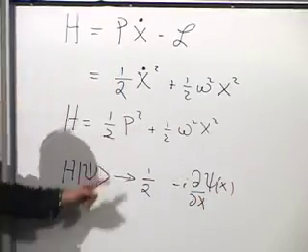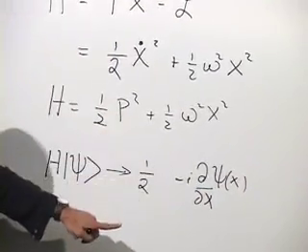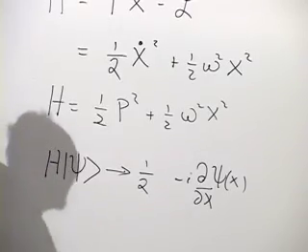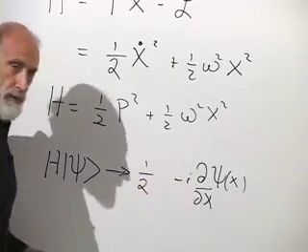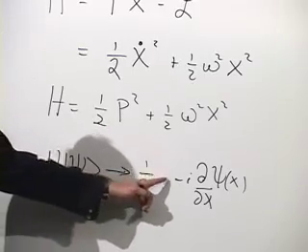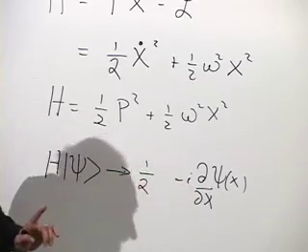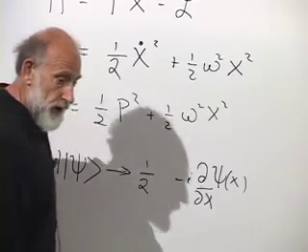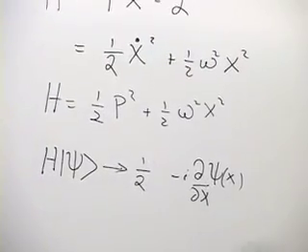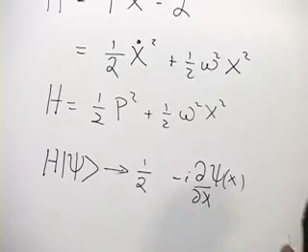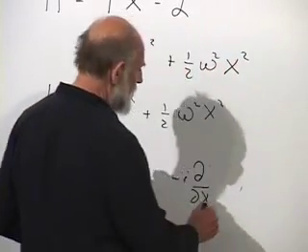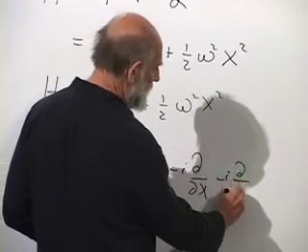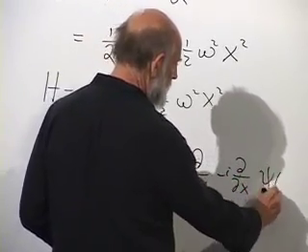But that's only operating with p once. We want to hit it again with p. So we just have to differentiate again, another factor of minus i d by dx. Okay, so we can write it minus i d by dx acting on minus i d by dx psi of x.